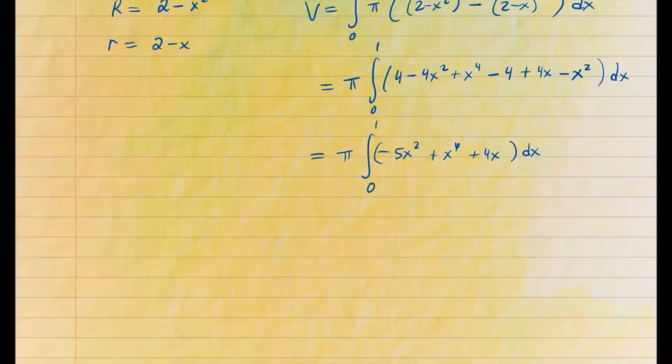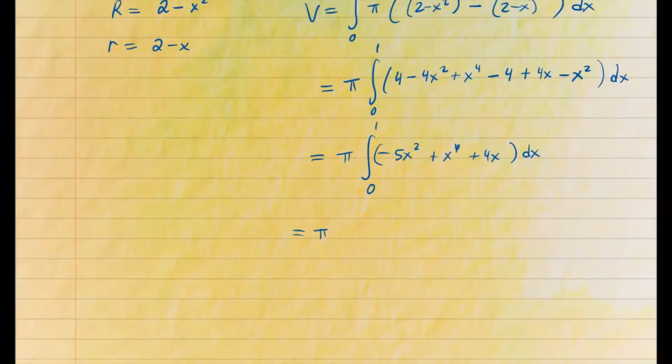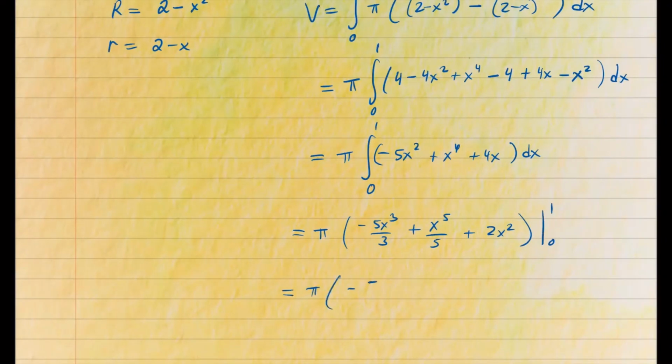And now we integrate them. So this is pi times negative 5x cubed over 3 plus x to the fifth over 5 plus 2x squared. And we're going to evaluate it from 0 to 1. So let's plug in the upper limit of integration. We have negative 5 over 3 plus 1 over 5 plus 2, minus the lower limit of integration, which gives us 0.